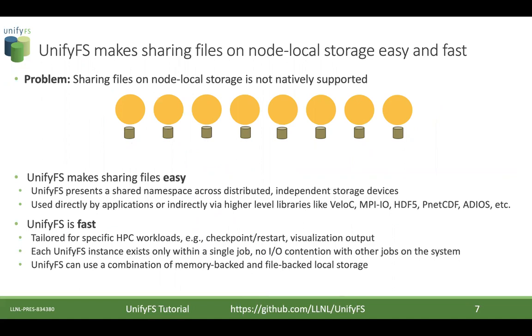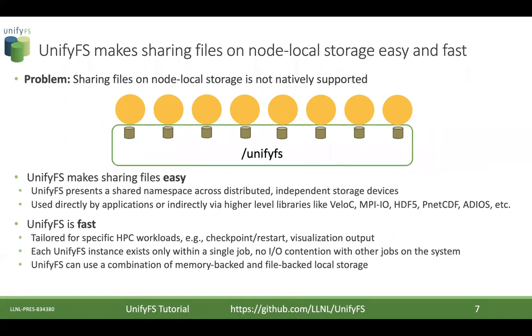And so our goal is to provide a shared namespace, next, over these node local devices or near node local devices, such that you can share files easily and you can have fast I/O. So we make it easy by presenting a shared namespace across these distributed independent storage devices, and also by making it easy to integrate within existing applications.